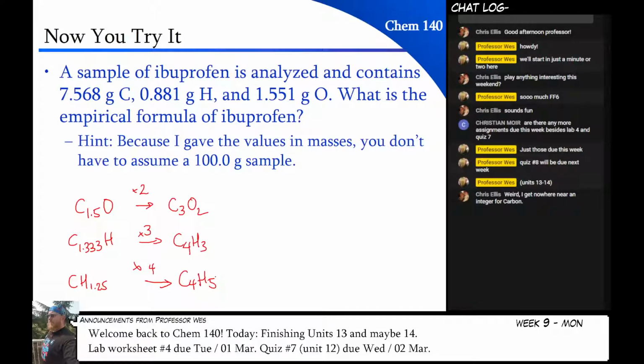Just try and look for that. I'm not going to give you problems that go past, say, times 5. So if you saw something like C 1.2 H or whatever, this could potentially be times 5. I don't think that any problems I give you will go past times 5, just because they are uncommon.